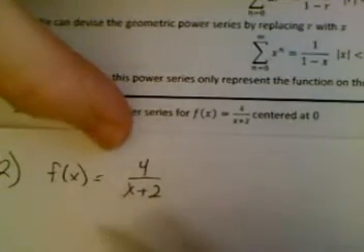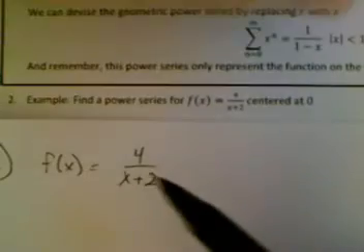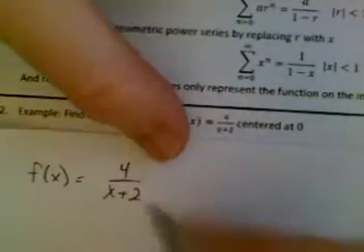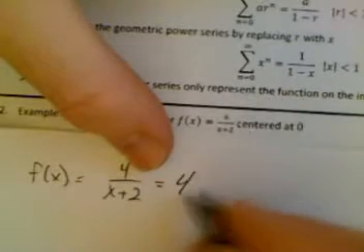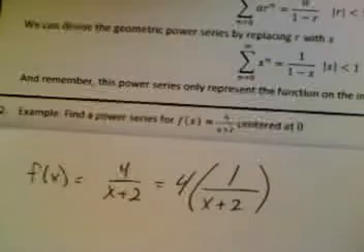I want to rewrite this particular function so it appears as the geometric function. So what I'm going to do is rewrite this as 4 times 1 divided by x plus 2. That's the first step.